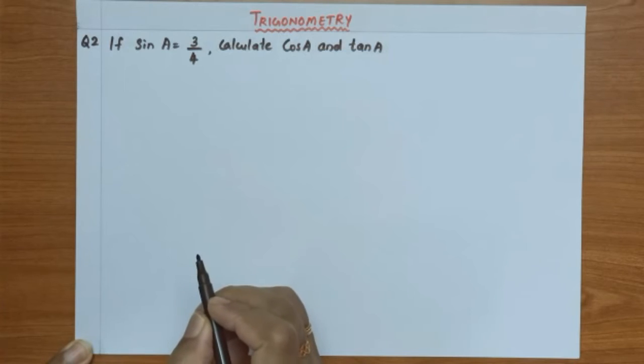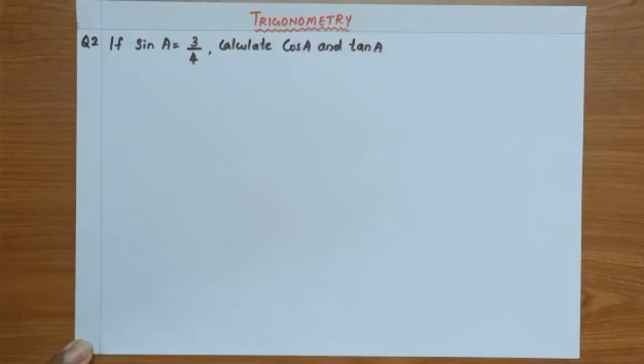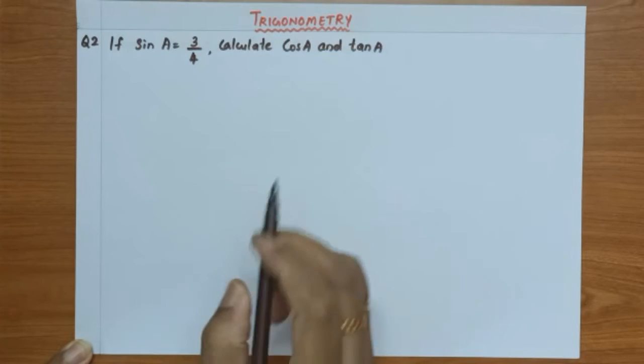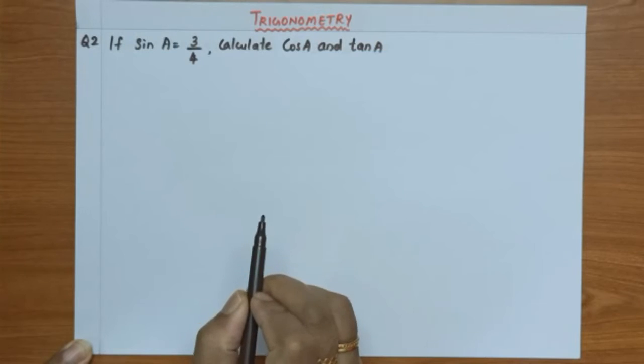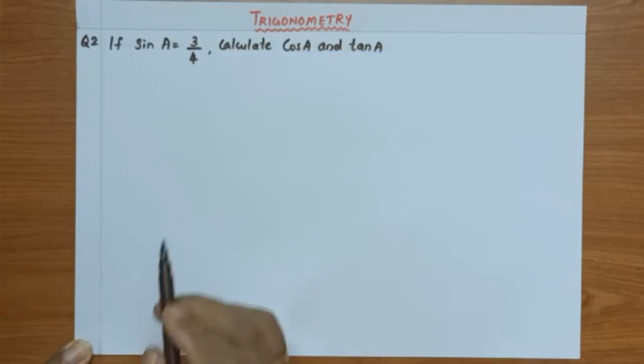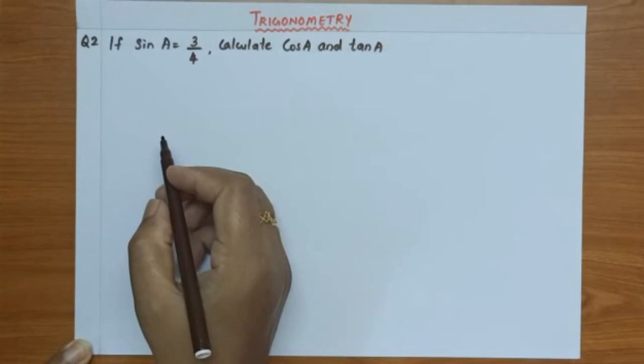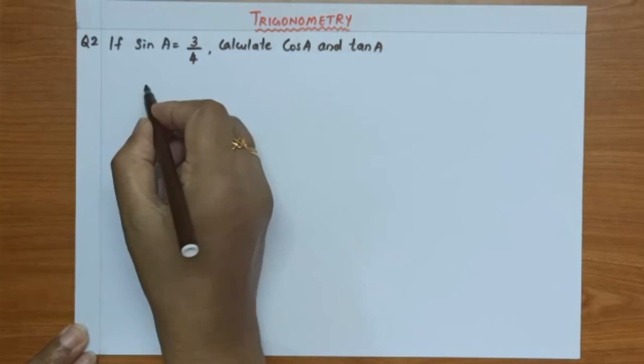Now question number 2. If sin A equal to 3 by 4, calculate cos A and tan A. So first of all we have to draw a right angle triangle.